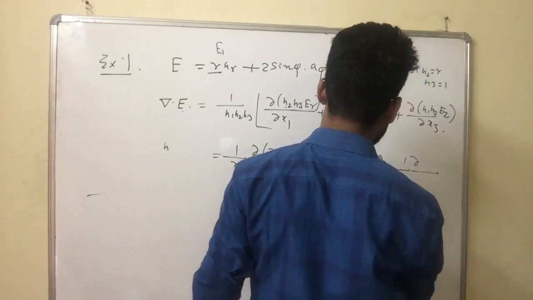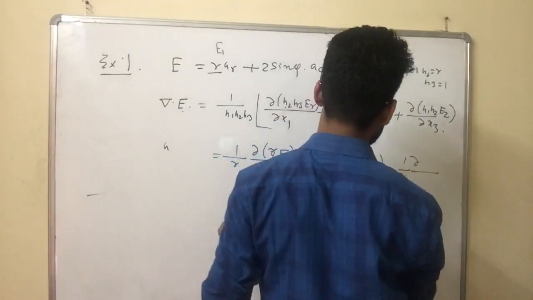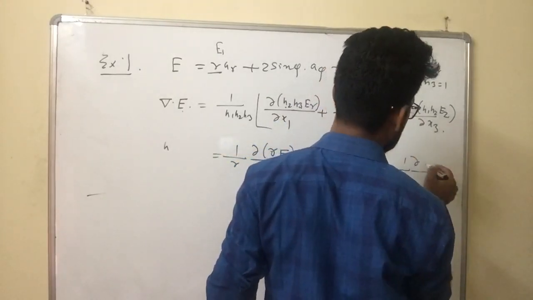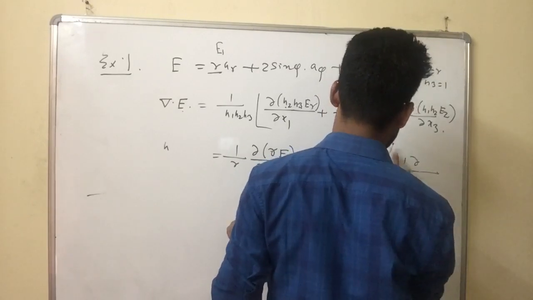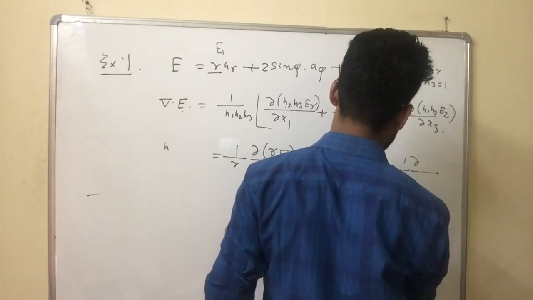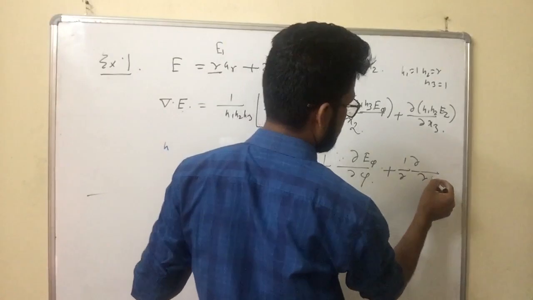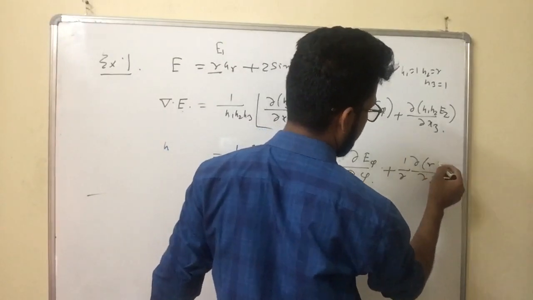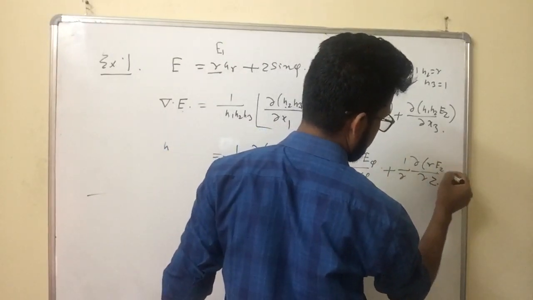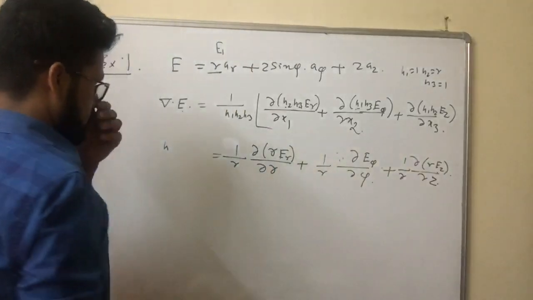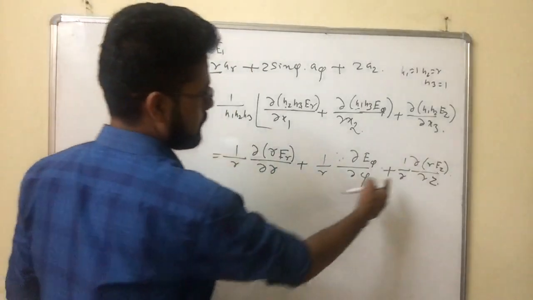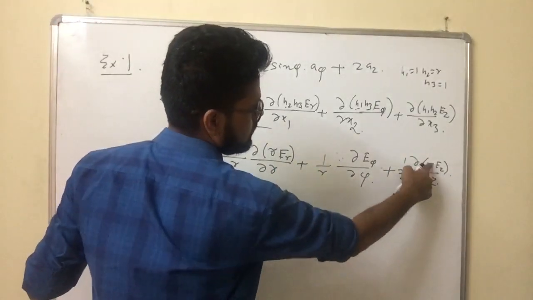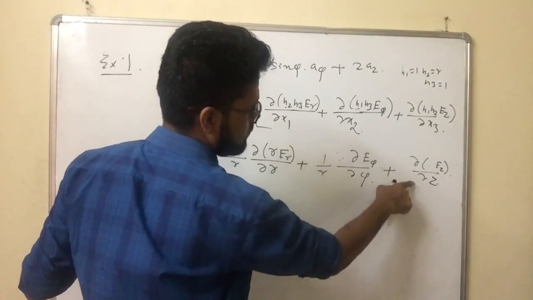This will not be 1, sorry. This will be Z and R E Z. These are cancelled because this is Z. No need to write this part, only this.